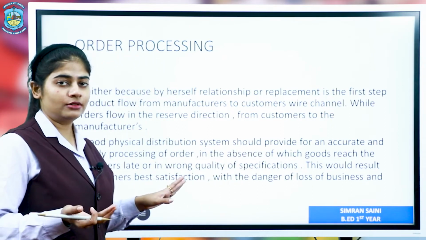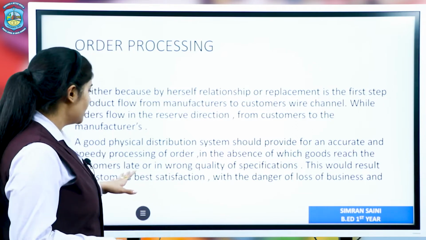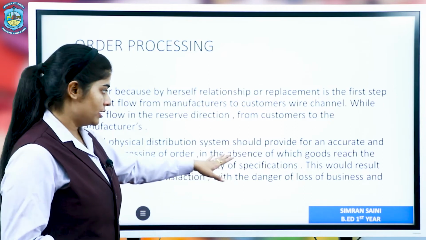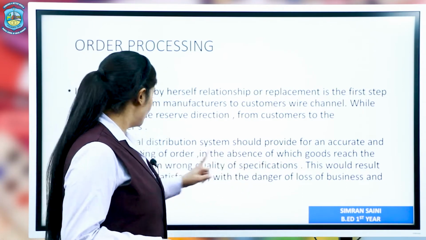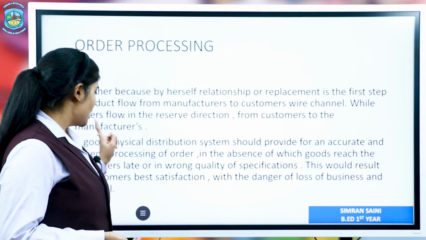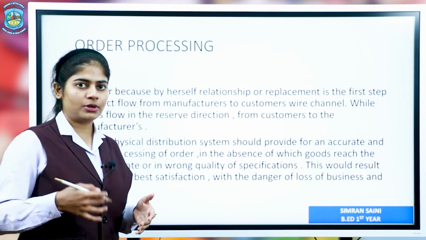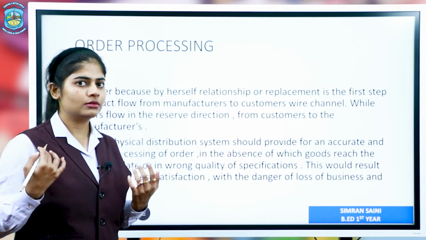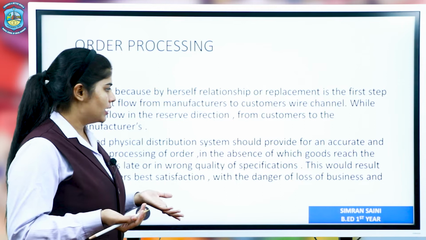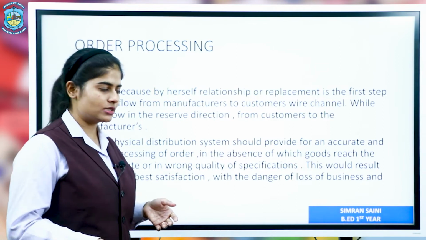What happens if the goods reach the customer late or delayed, or in the wrong quality, or without proper specification? This would result in customer dissatisfaction, and the goodwill of the company or the product will be in danger, by which they will face some losses, and this will not be a good result for the product as well as the company.